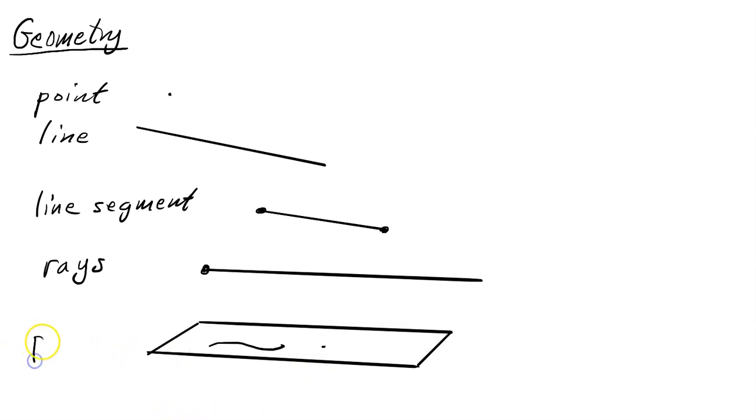So these are some fundamental concepts to study when it comes to geometry. And then we will also come to three-dimensional space later on. But we will start with plane geometry. That is, we only study things like planes, lines, and points. And later on we will study three-dimensional bodies instead.